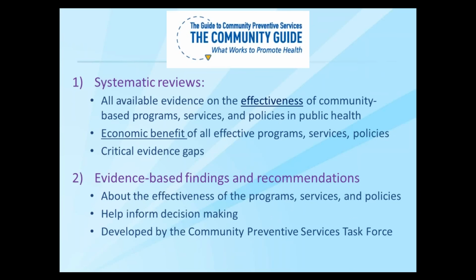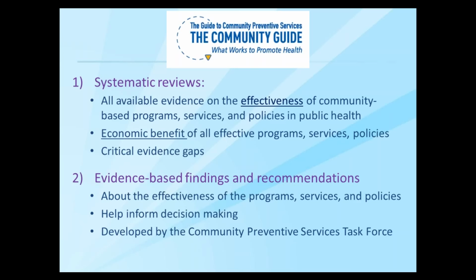The Community Guide is short for the Guide to Community Preventive Services, and it consists of two things. The first is systematic reviews, as I spoke about before, of all of the available evidence on the effectiveness of a wide range of community-based programs, services, and policies, and also systematic reviews of the economic benefit of those programs, services, and policies, and also identifying gaps where we still do not have evidence.